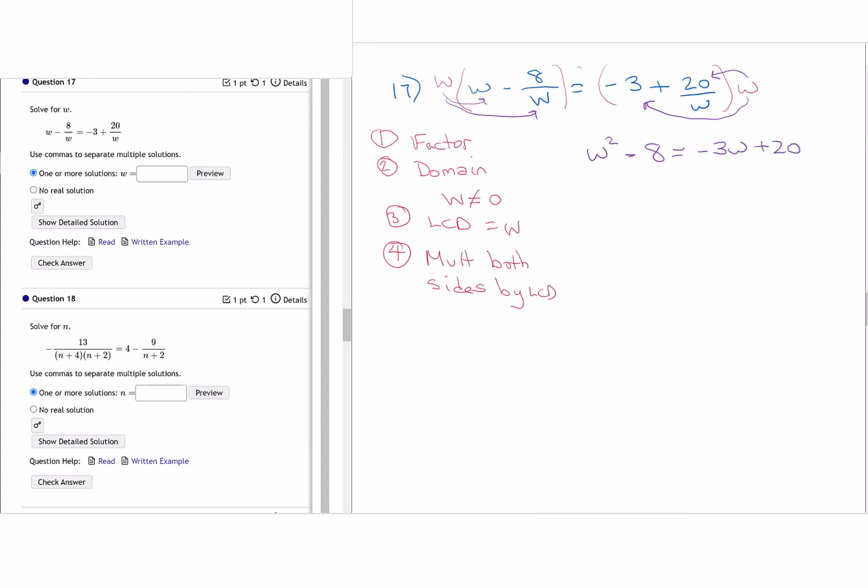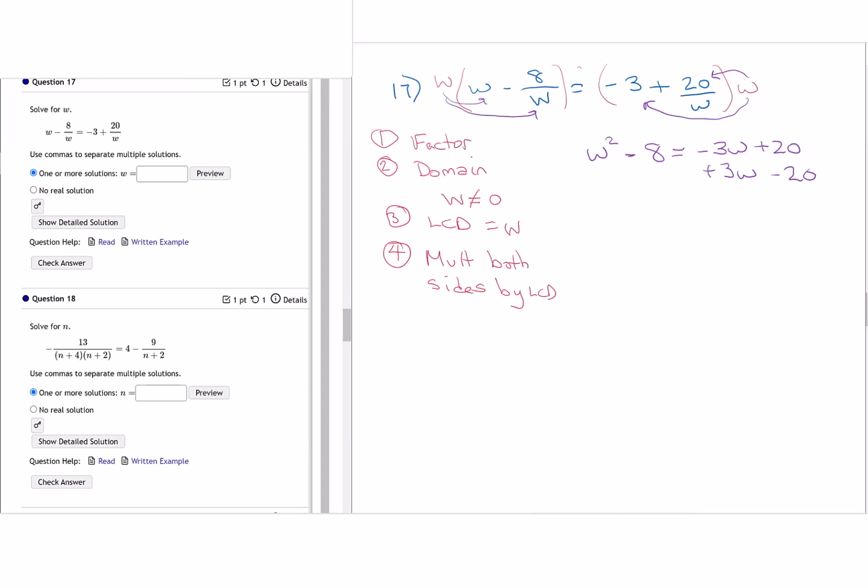Now, whenever we have a quadratic, hopefully you remember, we have to bring it all to one side and set everything equal to 0. I'm going to add 3W minus 20 to both sides. You can do this in 2 steps.